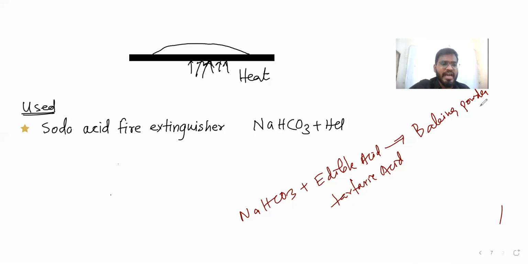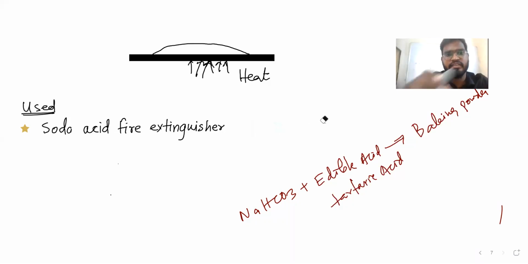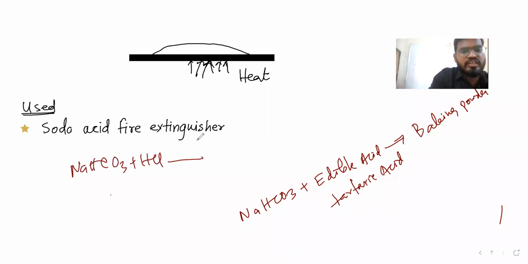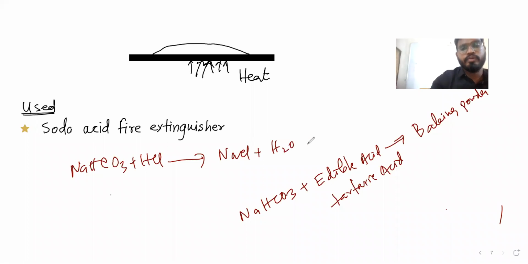And used as soda acid. Next use: soda acid fire extinguisher, NaHCO3. What will happen here is NaHCO3 plus HCl will react, and it gives NaCl plus H2O plus CO2.